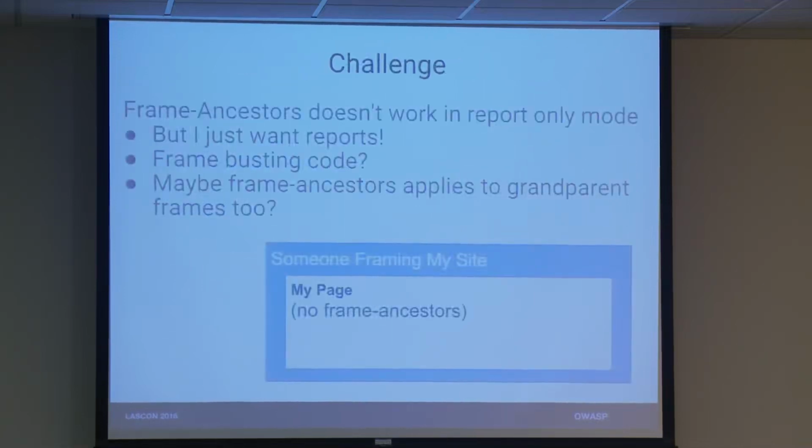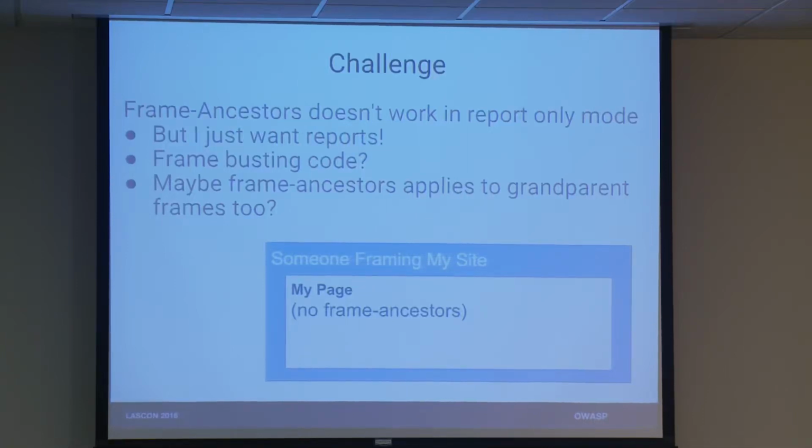One of the other things is we wanted to have a report-only for frame ancestors. The browsers and the spec don't currently support this. So do we use frame busting code? We could look at the parent and try to tell if it's framed and try to guess some stuff, but that doesn't work with multi-framed pages.